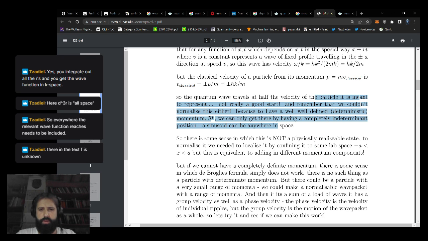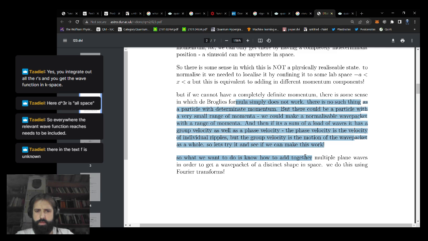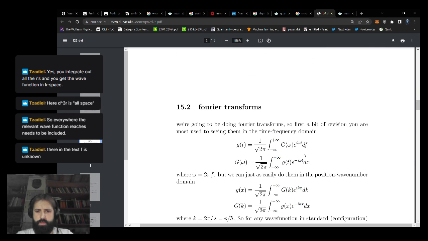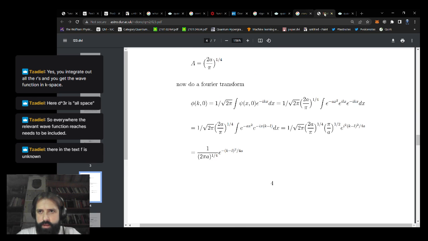There is some sense in which this is not a physically realizable state. To normalize it, we need determinate momentum. Fourier transforms. That didn't help.